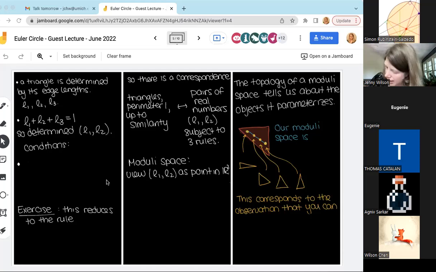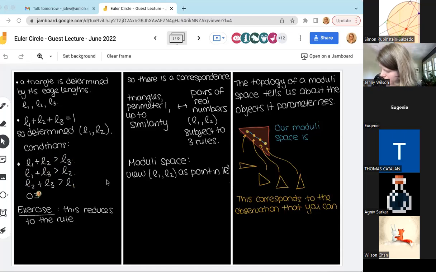So specifically, we have the 3 conditions. L1 plus L2 has to be greater than L3. L1 plus L3 has to be greater than L2. L2 plus L3 has to be greater than L1. Oh, and I guess they all need to be, in fact, strictly positive numbers.